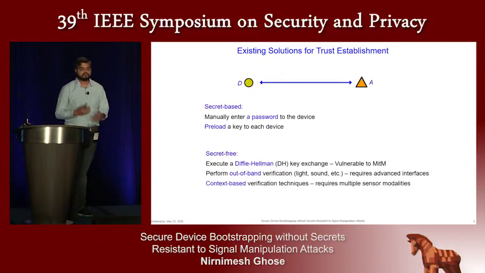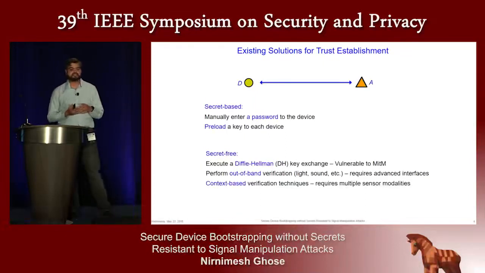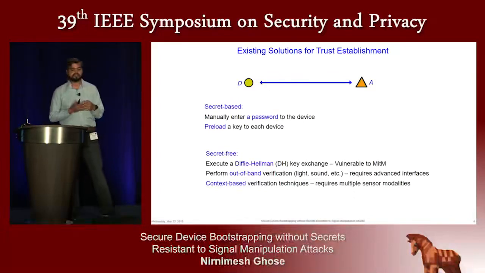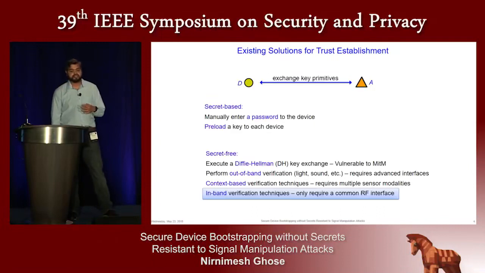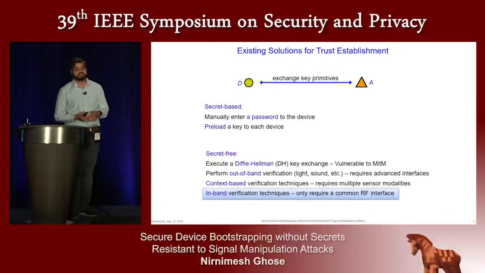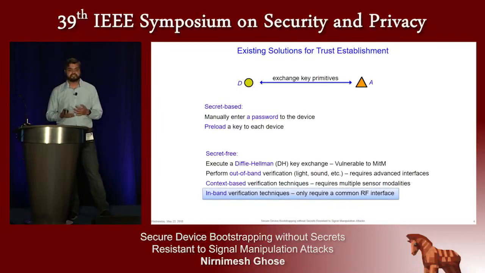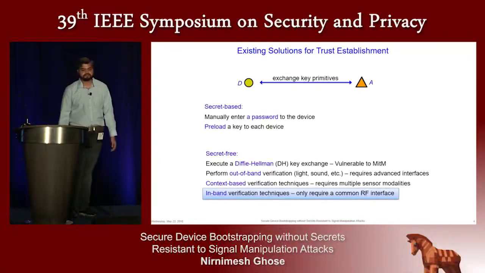There are also solutions to derive keys from the ambient environment, which is done by D and A simultaneously. These are the context-based verification techniques, but these also require multiple sensor modalities. Therefore, in this work, we focus on an in-band verification technique, which only requires a common radio interface, which is available in all wireless devices.